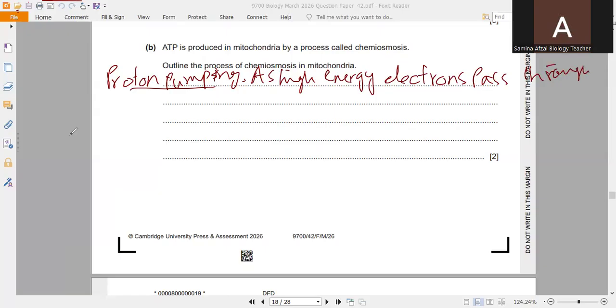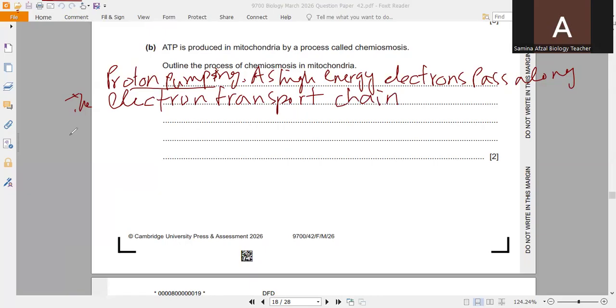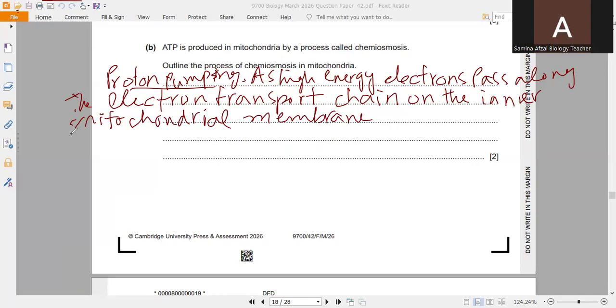So we have to outline them: first, electrons pass along the electron transport chain on the inner mitochondrial membrane.